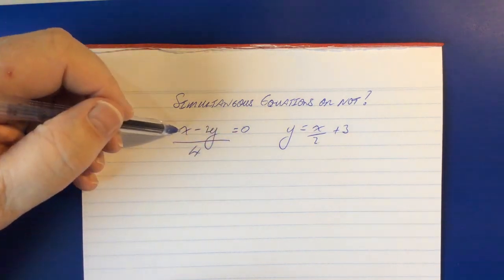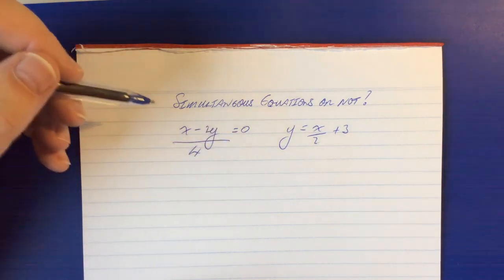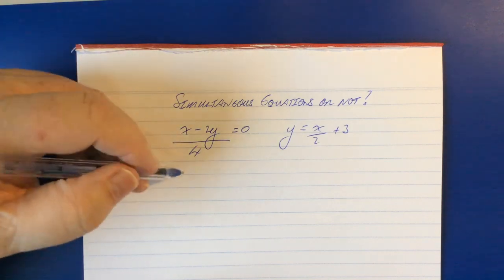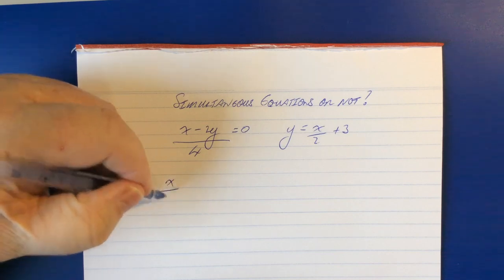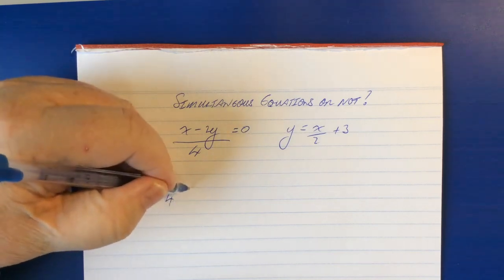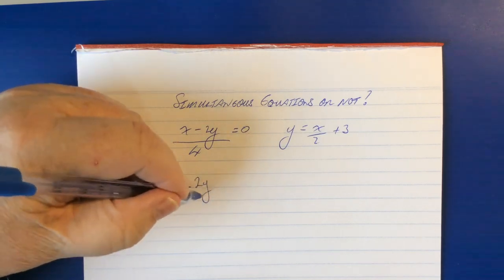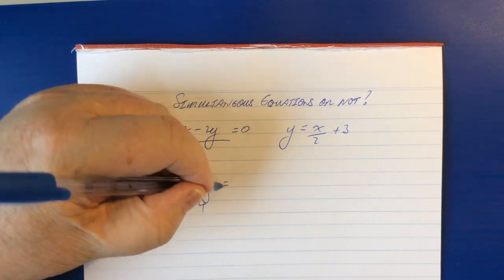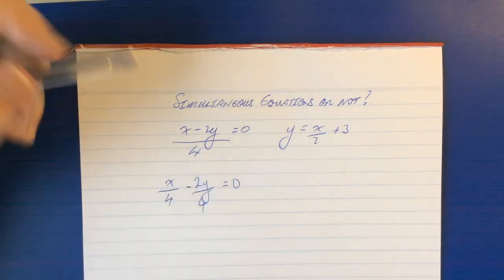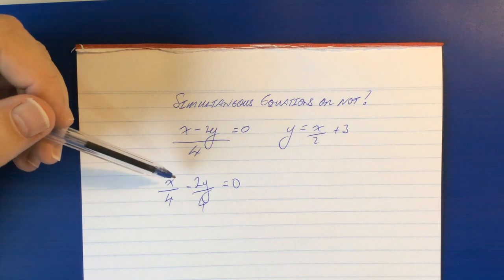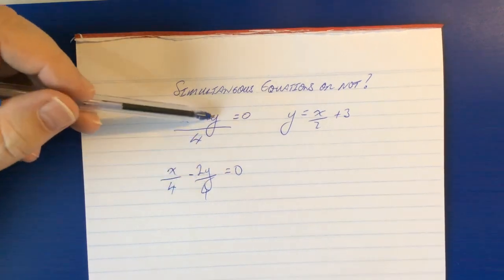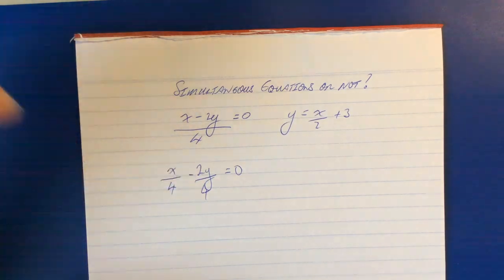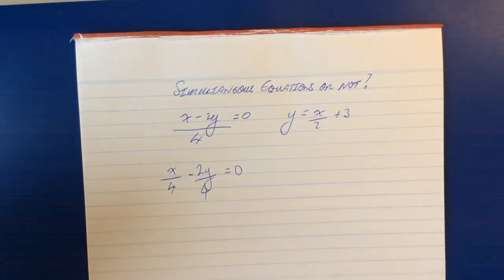Okay, first thing to do, I think, I'm going to do it this way. There are a couple of ways in which you can do this, but I'm going to split the fraction. The reason that I can do this is that 4 is dividing each of these, so I can quite simply split that fraction.